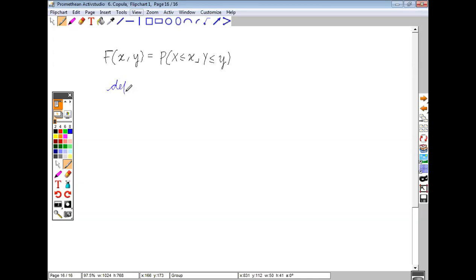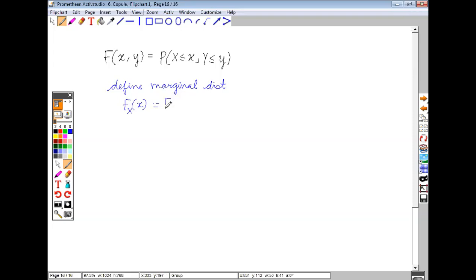Remember those four diagrams that I drew? I started off with F of x,y, and now I'm defining my marginal distributions. So I'm going from this graph to that graph. First, let us do it for F of x, and remember this is for the random variable capital X.